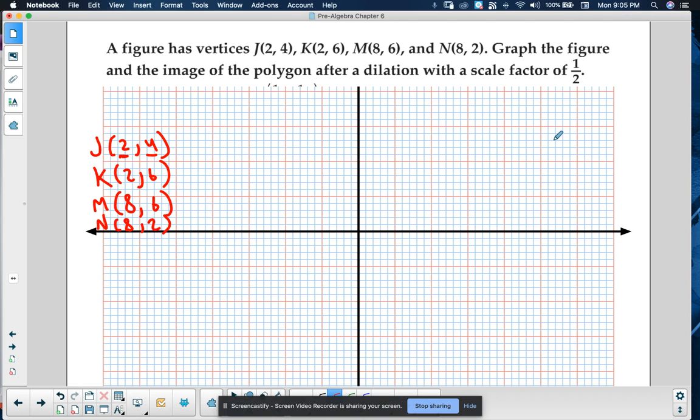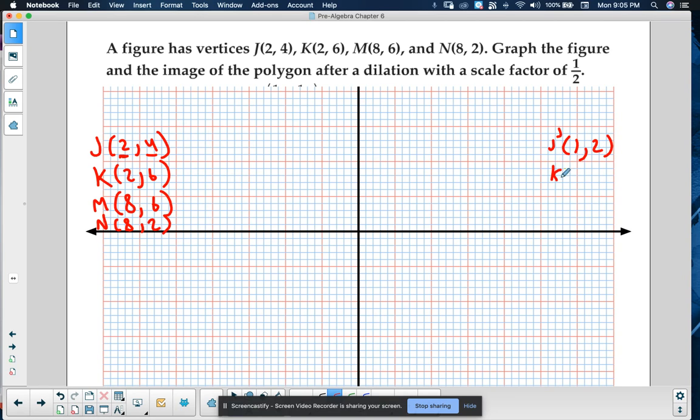So J prime, or the new point for J, we're going to have 2 multiplied by 1/2, which is going to be 1. And we have 4 multiplied by 1/2, which is 2. So the new point for J is going to be (1, 2).